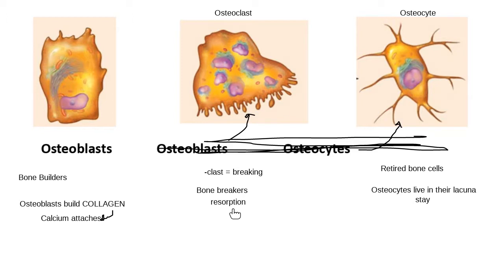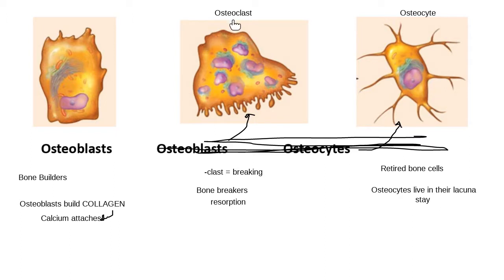The way that this works is osteoclasts use their little tails down here to spit out enzymes, proteins that will break down bone tissue, that will dissolve the calcium that's in the bone tissue, or that will break down the collagen that's in the bone tissue.